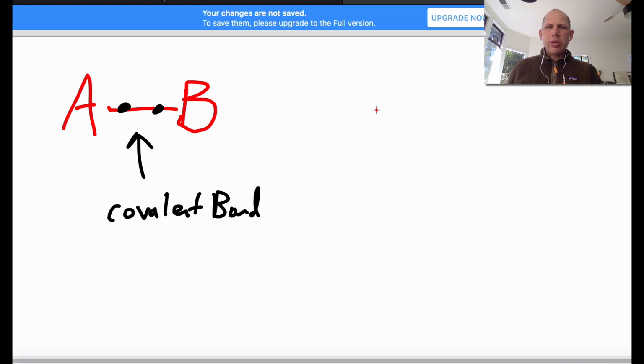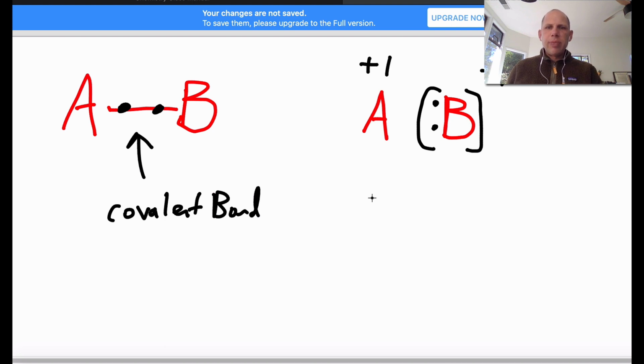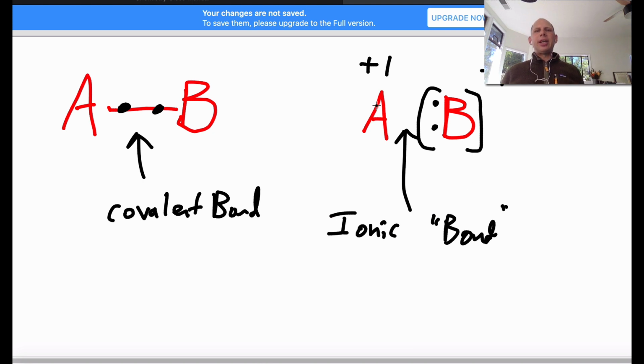If we had a situation like this, let's look at A and B over here, and I'm not doing the whole octet, I'm just showing 2 electrons here. If B fully owns those electrons, it's got a -1 charge, and this has a +1 charge. And this here is our ionic, and remember that's not a bond. They're stuck together because A's like, what? Give me my electrons back, fool.